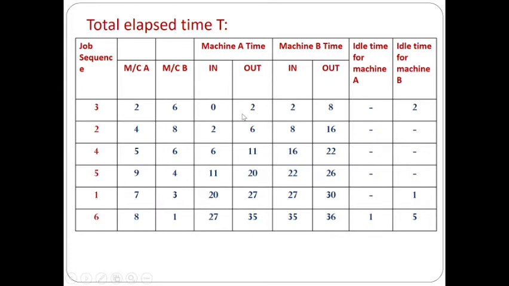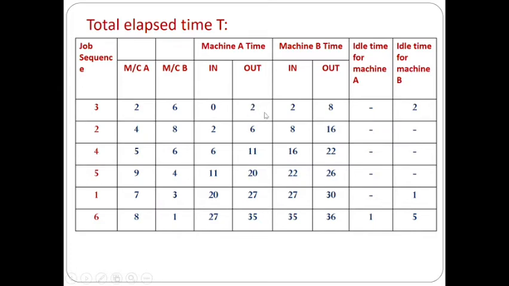Then this is job number 3. Job number 3 first should be processed on machine A, then it should be passed on to machine B after completing on machine A. So the machine A completion time is at the end of 2 minutes.